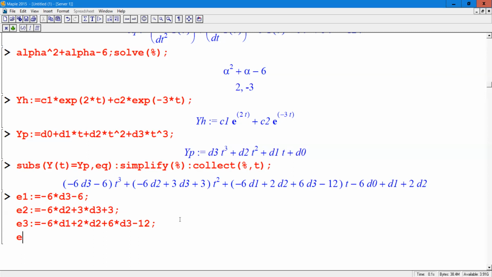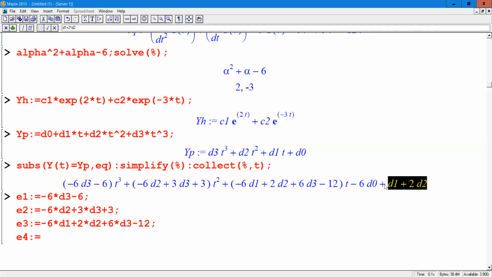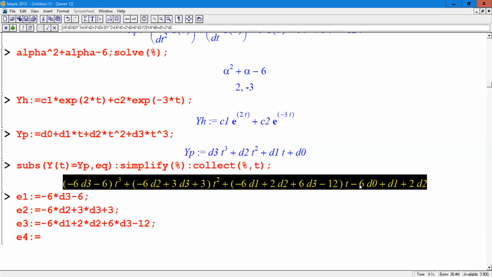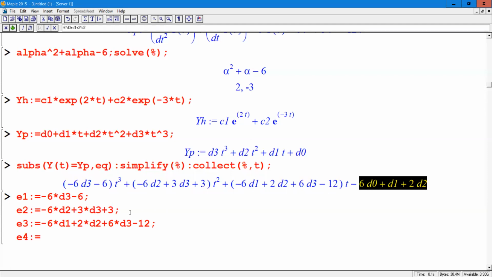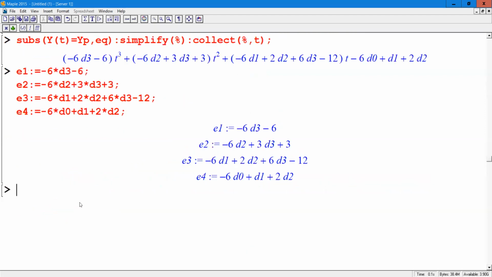And finally, the fourth equation, the last one, is this term. So we have 4 equations. You can see minus 6d3 minus 6, the coefficient of t cubed.